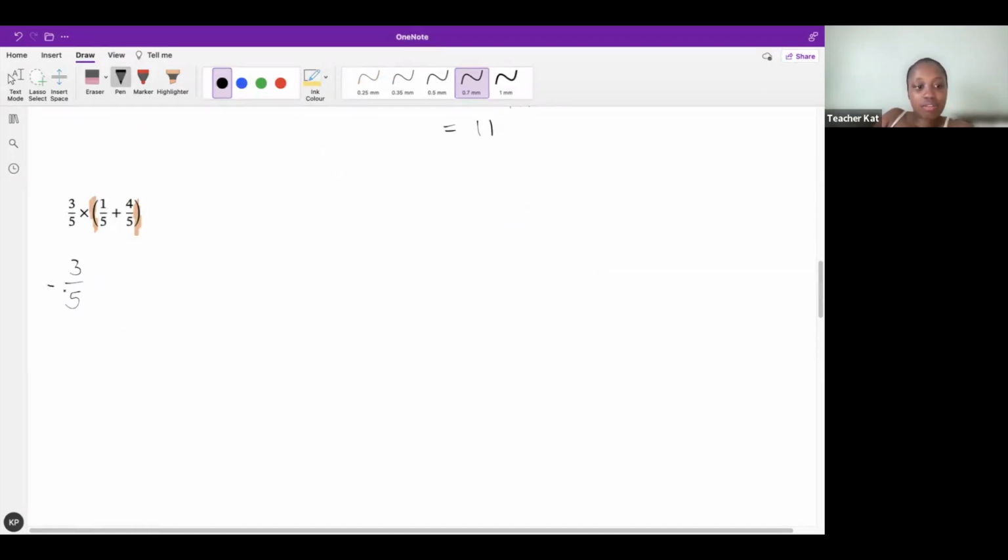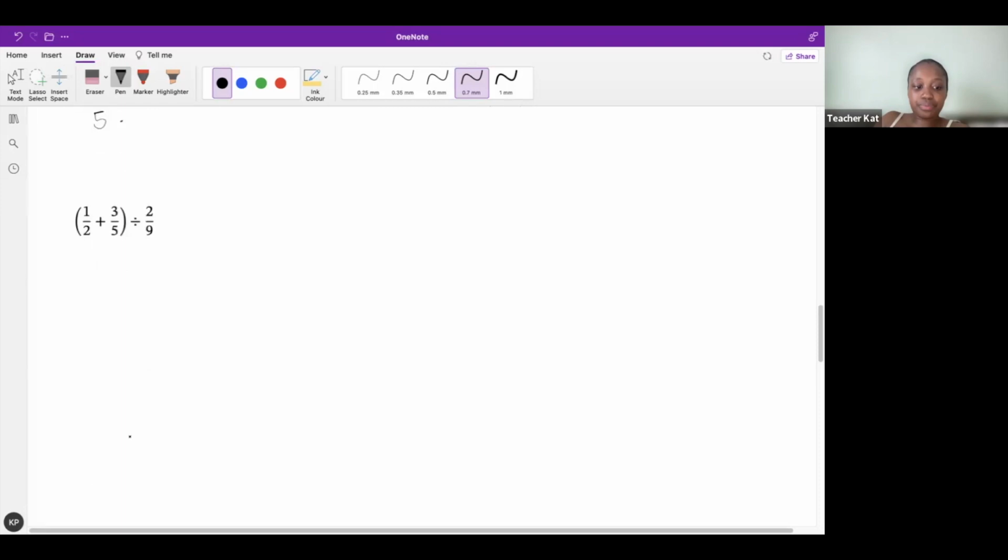So I'm going to rewrite 3 over 5 times, what's 1 over 5 plus 4 over 5? 5 over 5, which we can rewrite as what? 1. So it's 3 over 5 times 1. So then my final answer is? Anything times 1 is the number itself. So 3 over 5 times 1 will then be, there we go, 3 over 5.